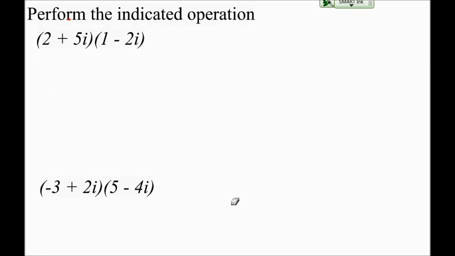Now multiplying requires a little bit more thought. I'm going to do this first example. For multiplying, I'm going to treat it similar to something like this. If you're in Algebra 1, you've probably seen this before, x plus 2. In order to multiply these, I would use the foiling technique, F-O-I-L.